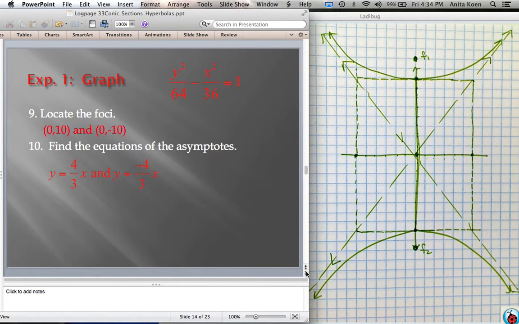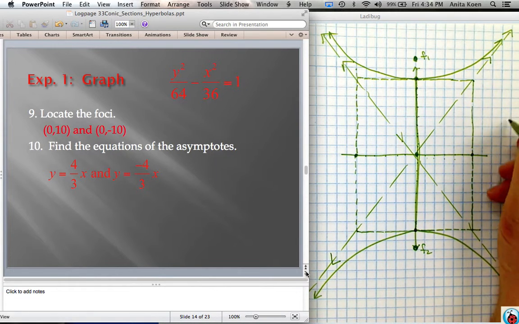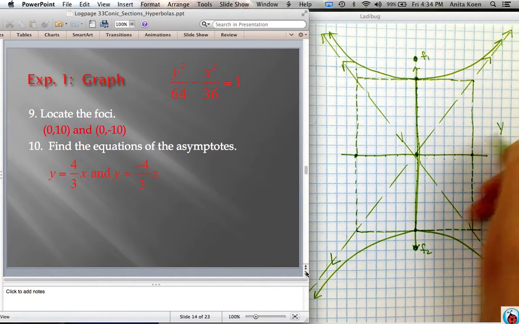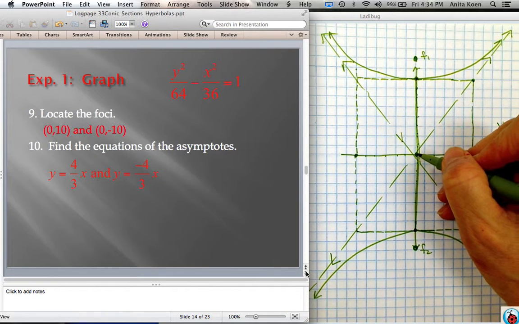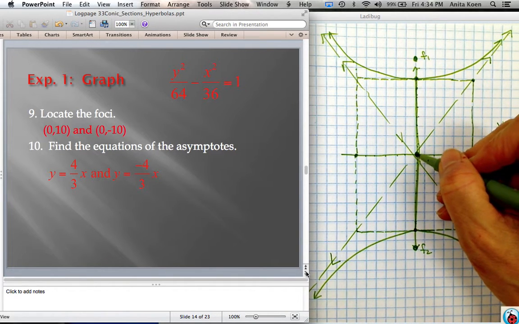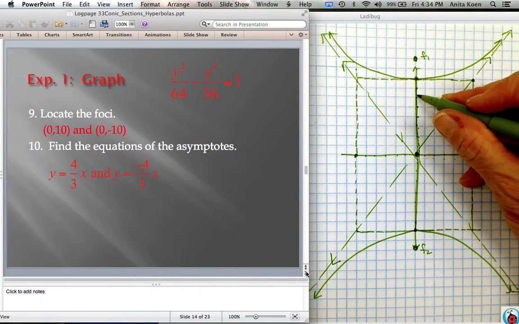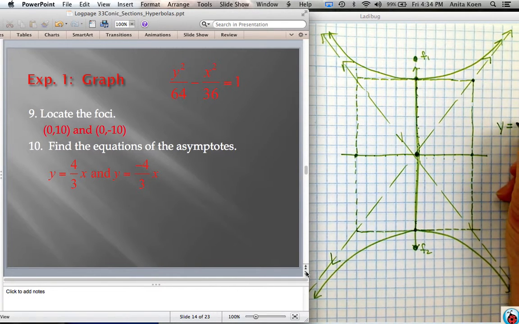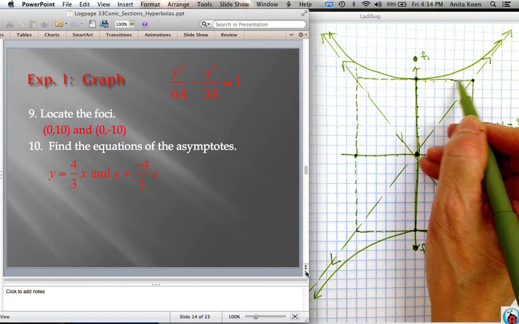And then find the equations of the asymptotes. You can use your slope. We're going to do y equals, because you can find your point in the middle and your point here on the line, and go 1, 2, 3, 4, 5, 6, 7, 8. So I'm going to rise 8, run 1, 2, 3, 4, 5, 6.